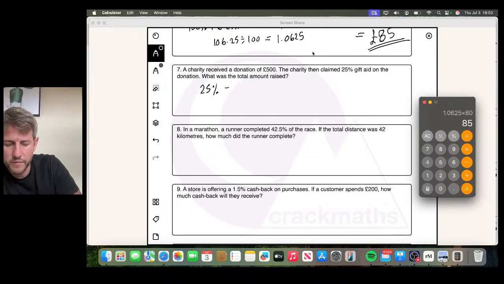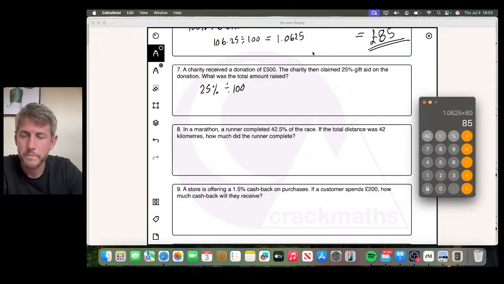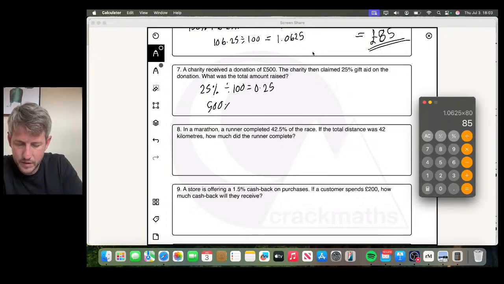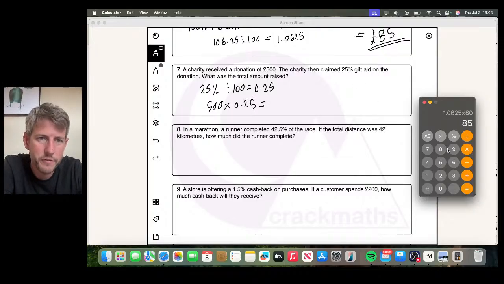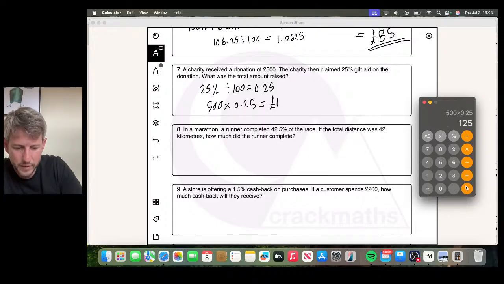Okay, so if we do 25% divided by 100, that equals 0.25. Then if I do 500 times by 0.25, that will tell us what 25% of 500 is. So 500 times 0.25 equals £125. So that's how much gift aid there was.